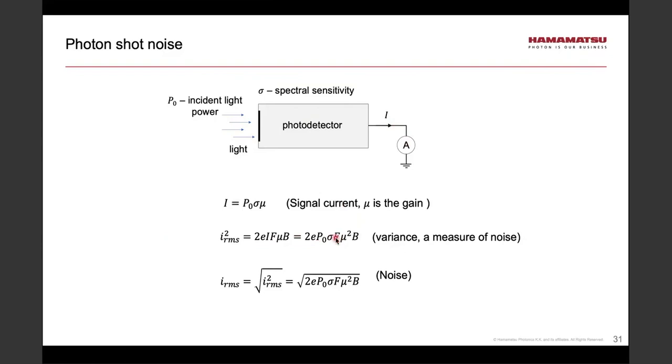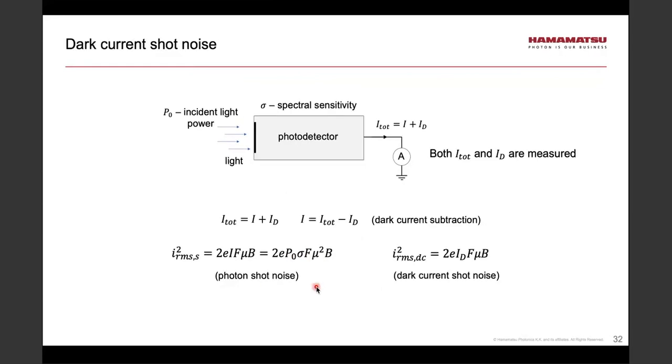One is F, excess noise. That's why multiplication noise contributes a multiplicative factor. And then we have mu squared, so that's gain squared. The square root of variance is what we call noise, and that's given by the equation below. So this represents what we call photon shot noise, always present.